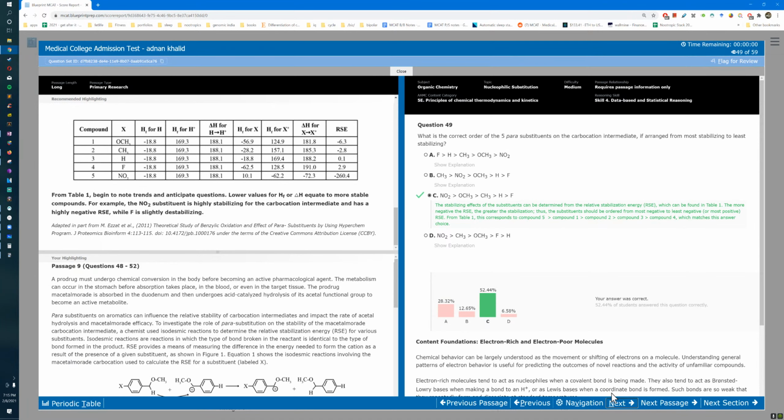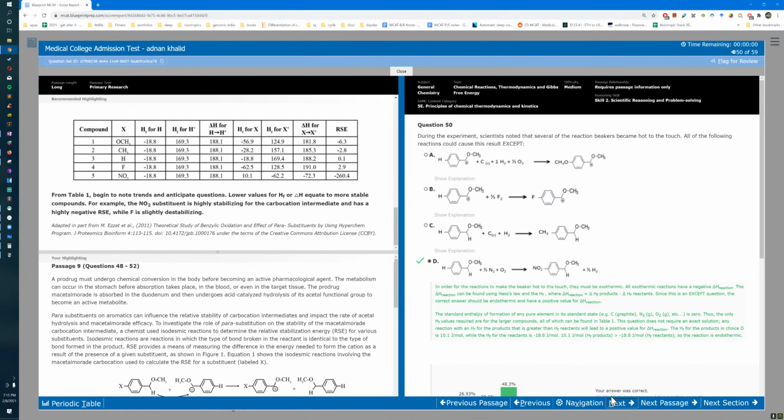This one, I think I just looked at, in order of figuring out which one of these to use, I used RSE. So this is the most negative one, NO2. Then it's this, then this, then that, and that.